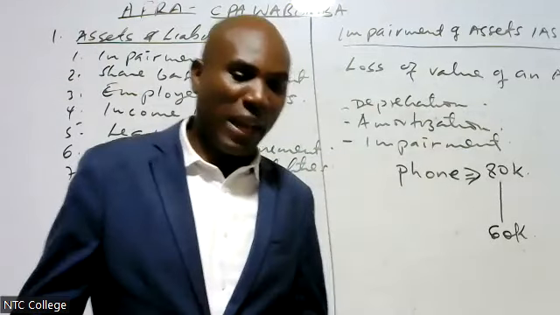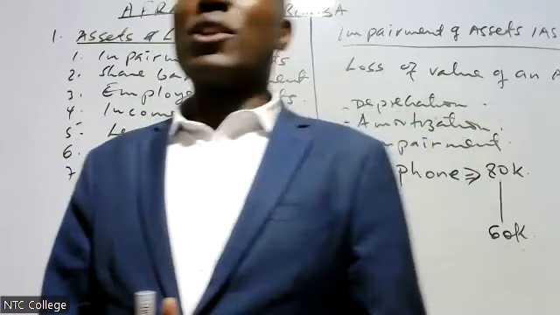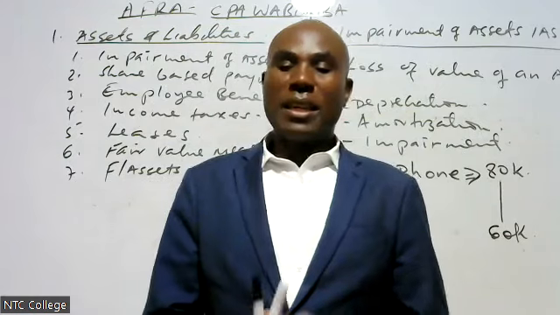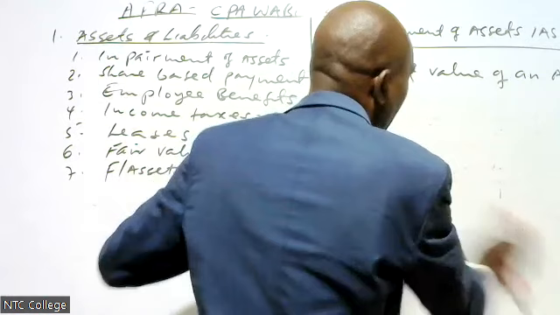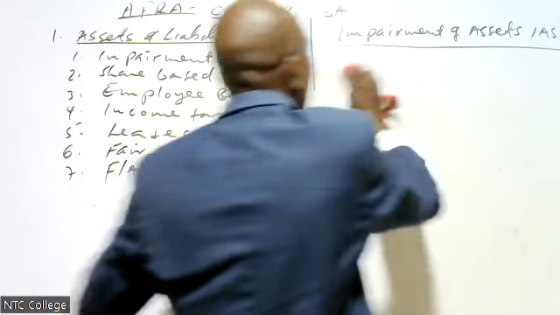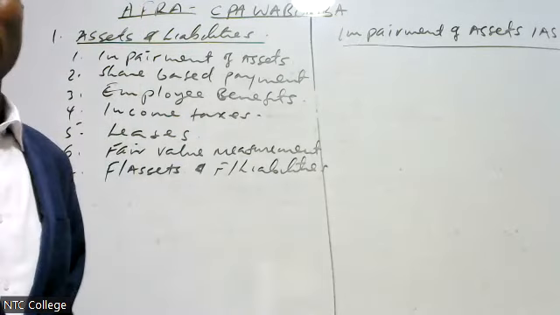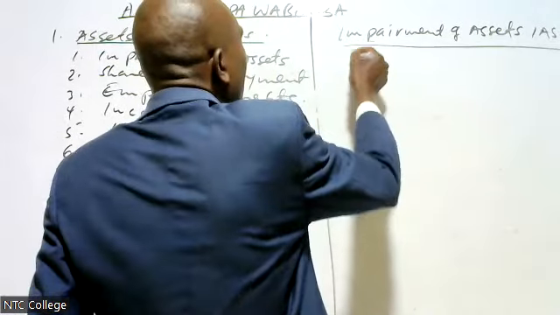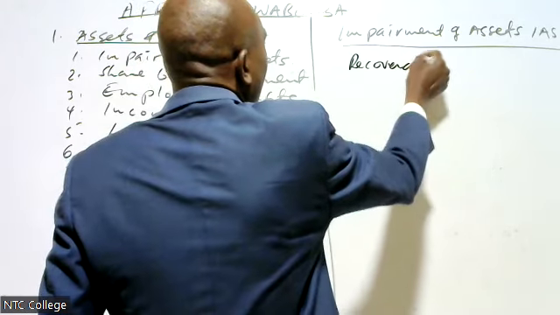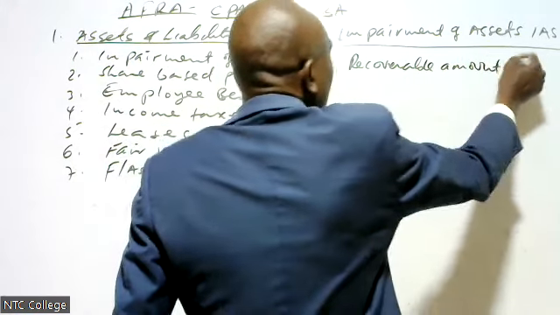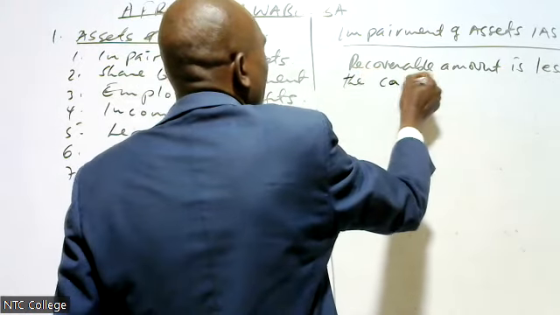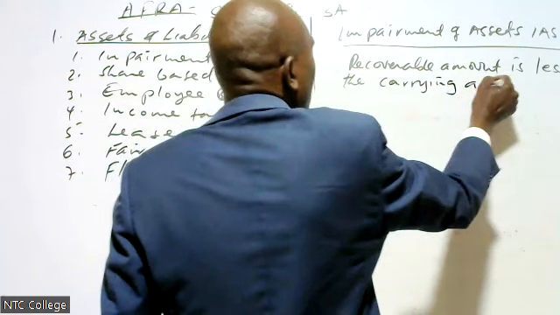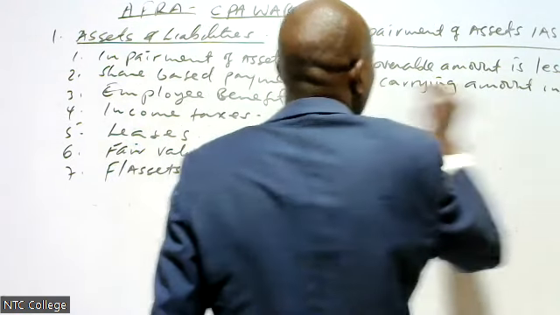Now we can define impairment. We say impairment is the loss of value of an asset so that the recoverable amount is less than the carrying amount in the balance sheet.